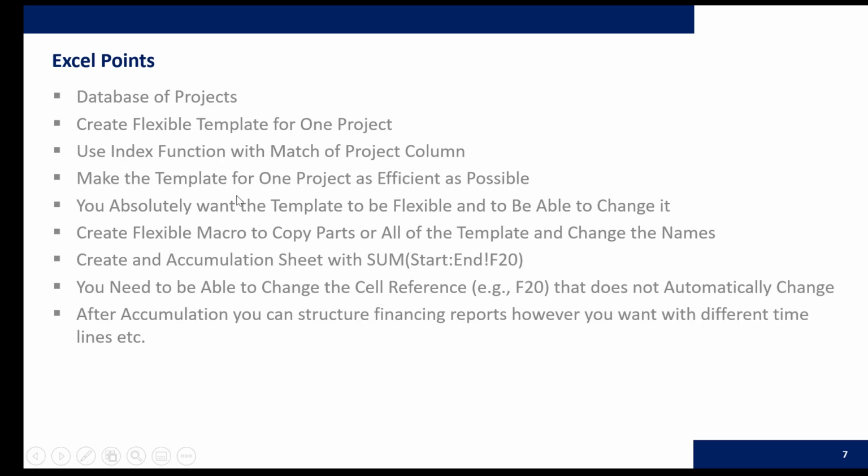Now, some of the Excel points, which are going to be the big points I really need to get to, are that we want to create a database. I've showed you this before, but we want to make absolutely sure that this template is really flexible and efficient, that it's not got wasted stuff in there.